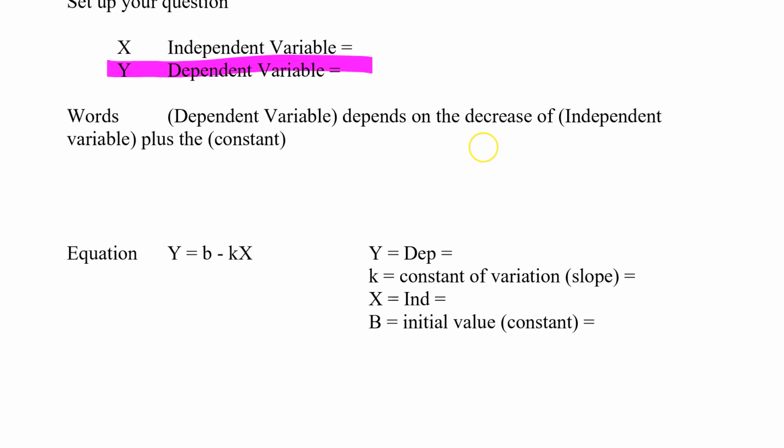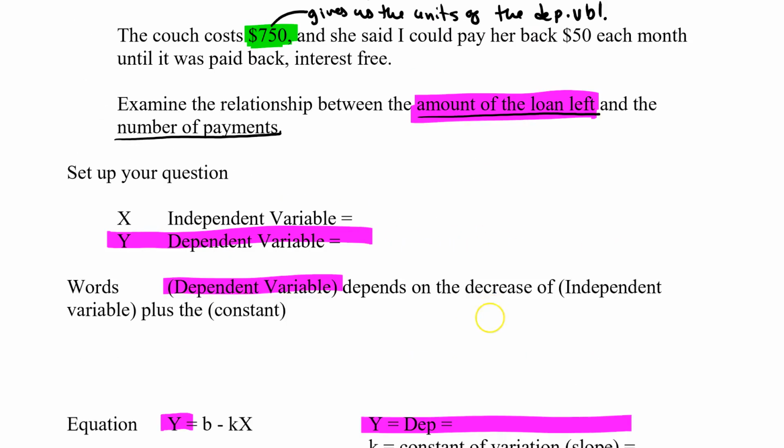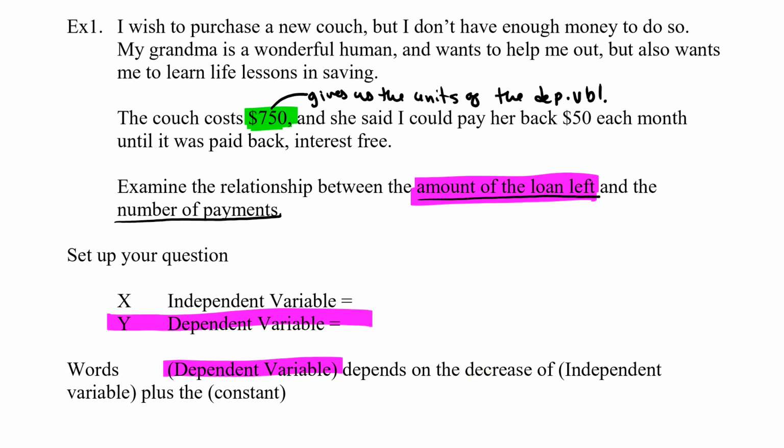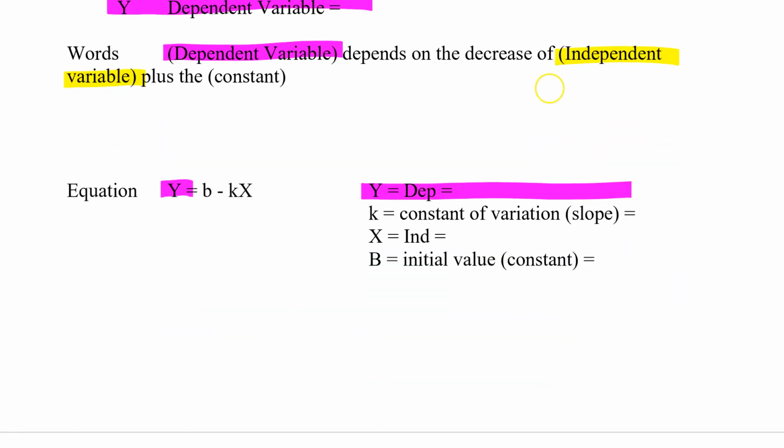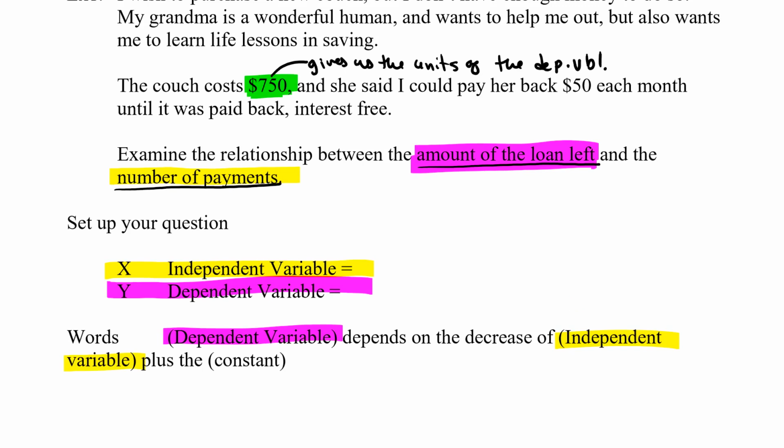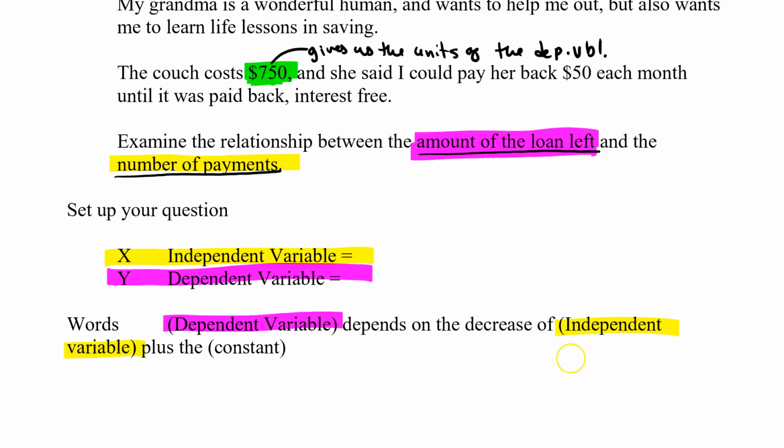I'm just going to go through right now and highlight every single time a dependent variable will come up. And then that means that we know what our independent variable is. That's going to be the number of payments. Now the initial value I highlighted in green because that's how much the loan is for.